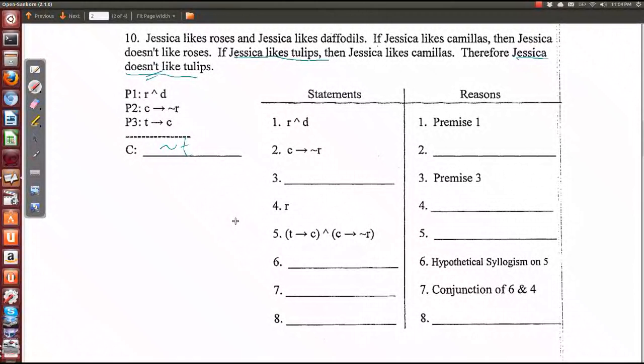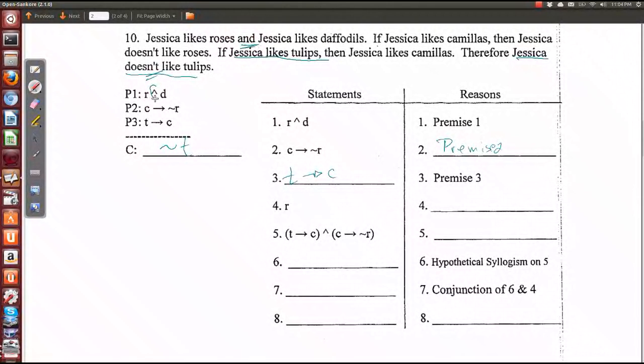So, the first step in a 2-column proof is listing all of our premises. So I've got premise 1, premise 2, and premise 3, which is T conditional C. So after I've listed these premises, I noticed that I saw the keyword and.